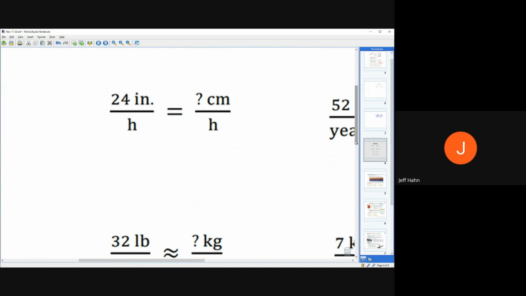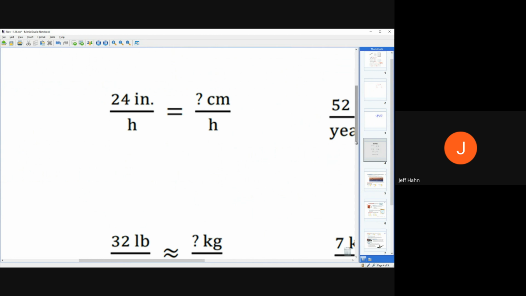Okay, take a look. If you are asked to convert 24 inches per hour into how many centimeters per hour, notice this, hours don't change, right? I want hours, I start with the hours on the bottom, I want to end with hours on the bottom.